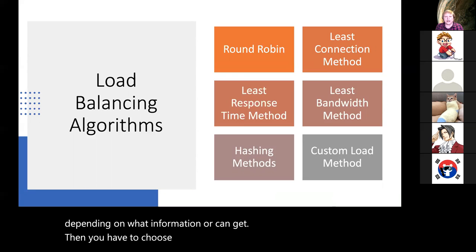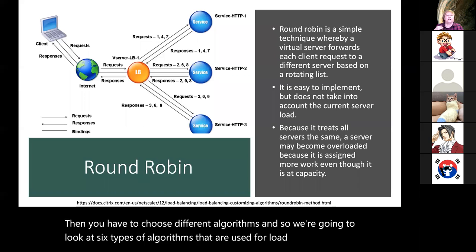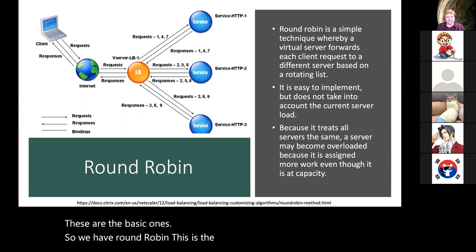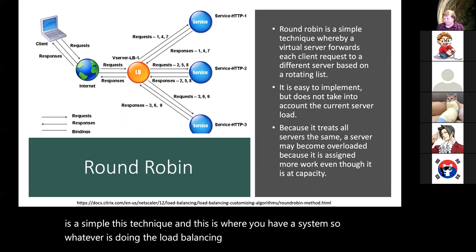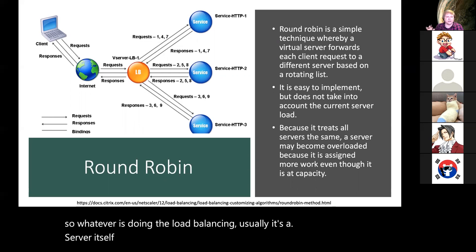And so we're going to look at 6 types of algorithms that are used for load balancing. These are the basic ones. So we have round robin. This is the simplest. This is the first one. This is the simplest technique. And this is where you have a system, so whatever is doing the load balancing, usually it's a server itself, or usually a smaller resource.